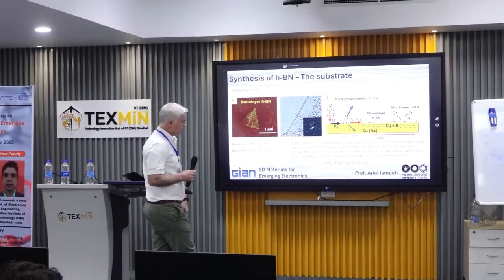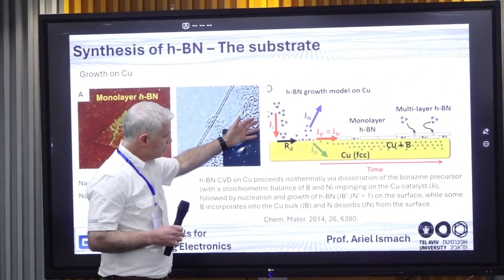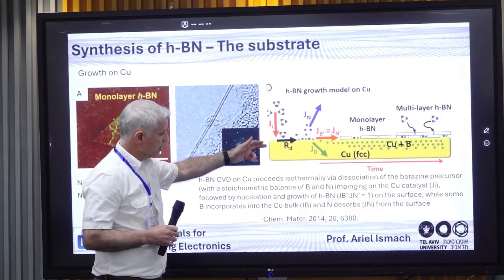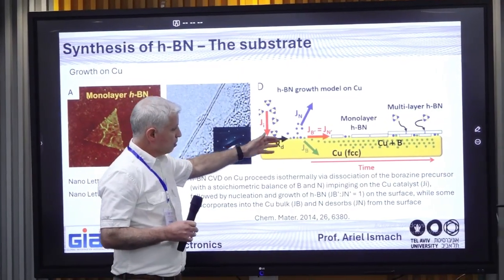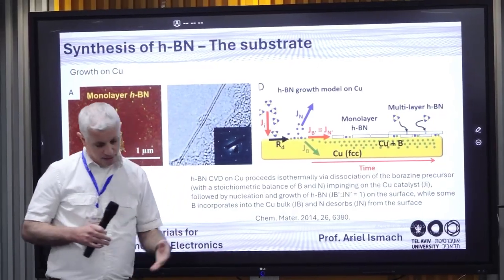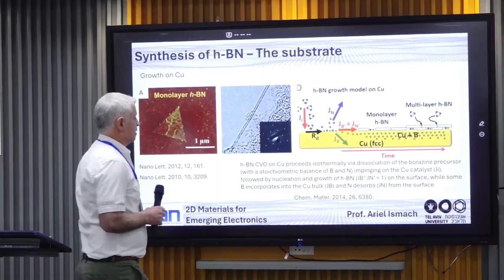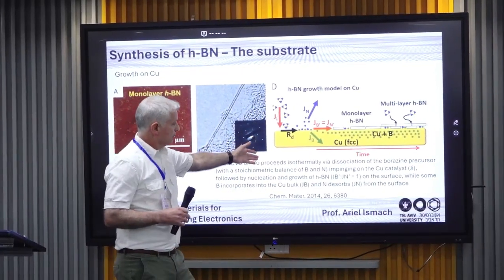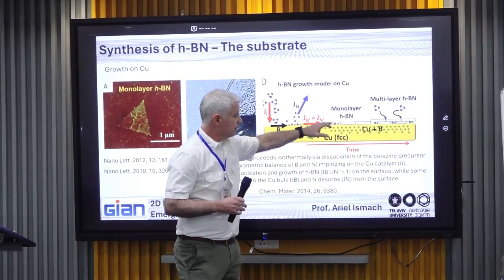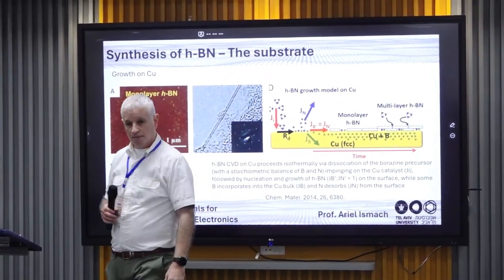Here you can see some of the proposed mechanism, where again the borazine comes to the surface, and some of the boron, mainly the boron, diffuses in and then forms. So you have surface mediated growth, but also some segregation mediated growth.